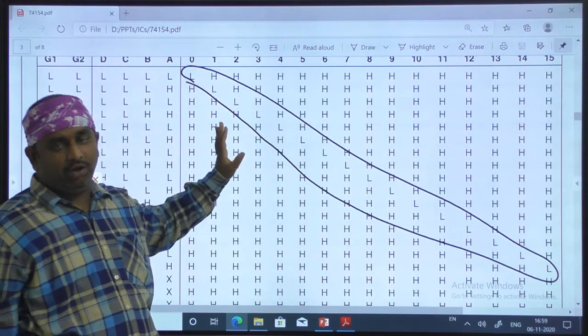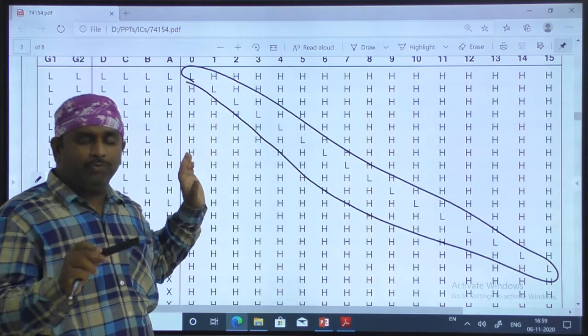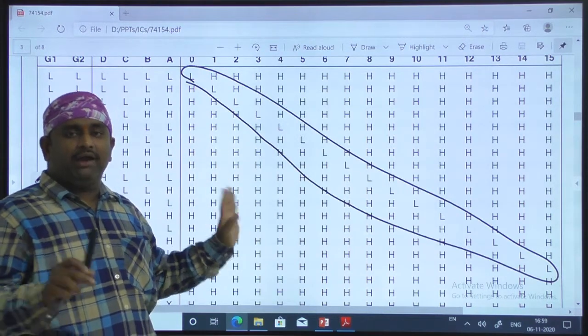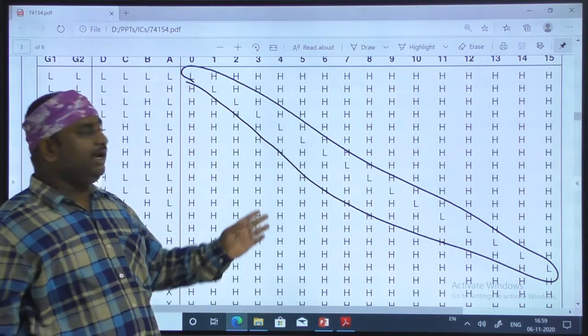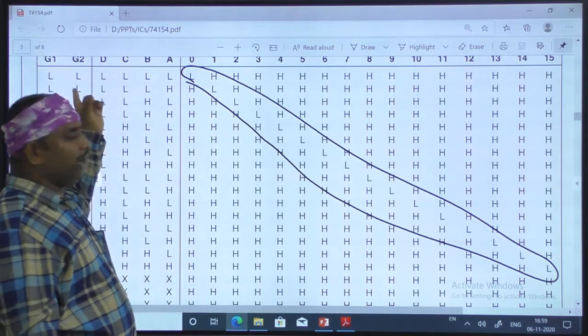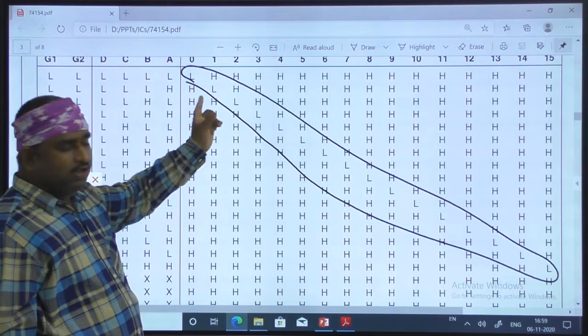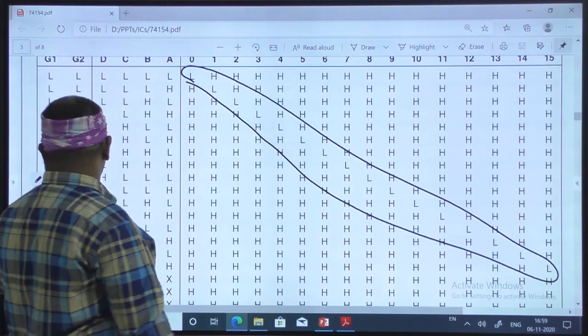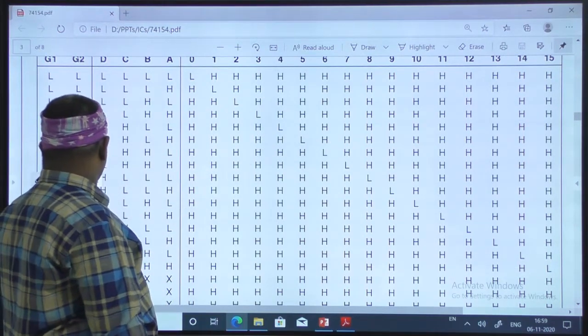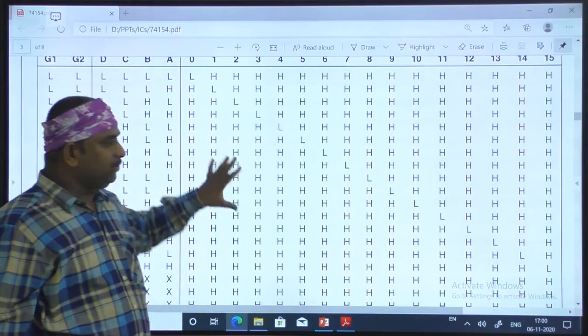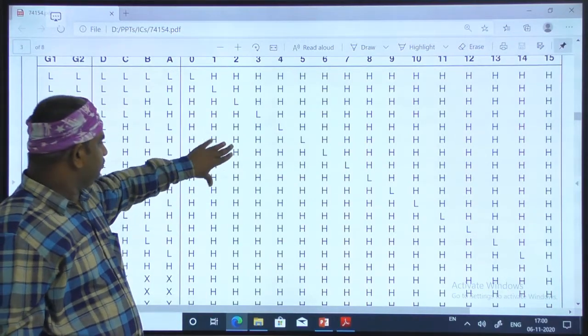From this table we get clarity: for any input combination, only one output will be activated and all the remaining outputs are deactivated. So this is about the function table.